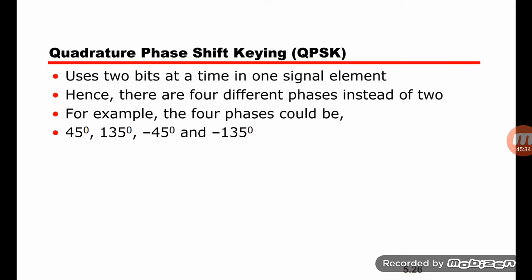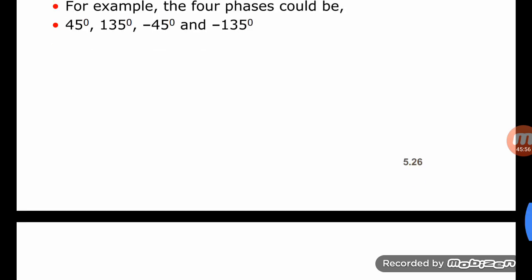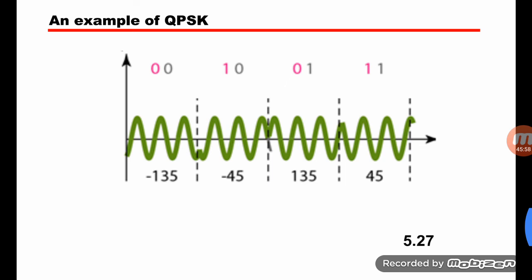So this is 45. This is 135. And this one, if I measure from here, is minus 135 degrees. And this one is minus 45. Basically, what he's saying is that you send your waves with these phases. For example, there is a diagram here. It's not very good, but still it gives you some idea. He's starting it in a kind of odd style, because the phase is minus 135.